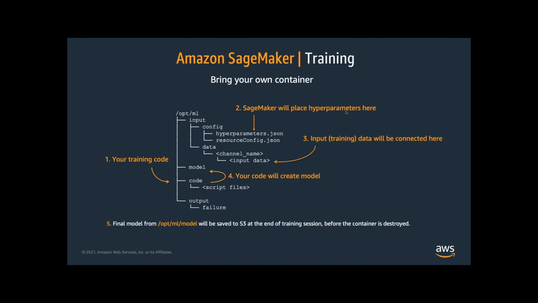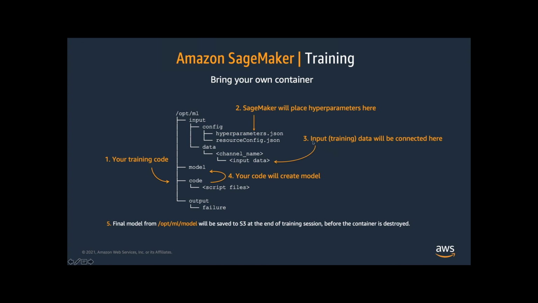This is something that SageMaker is going to be managing automatically and transparently to you. So basically, you're going to need to call the estimator and pass those hyperparameters. And SageMaker is going to spin up a container, run the training or the inference, and then after all, it's going to kill that container after it finishes its job.